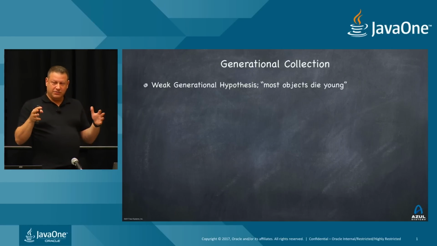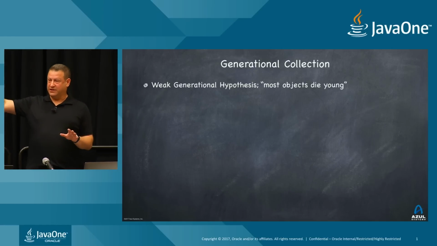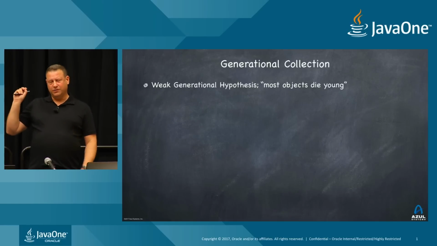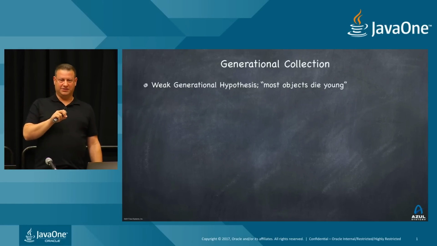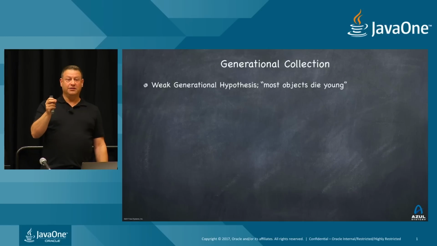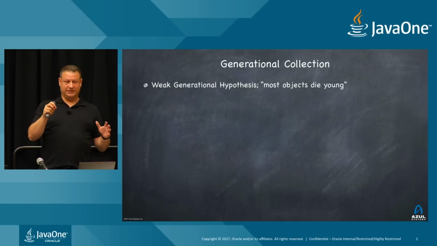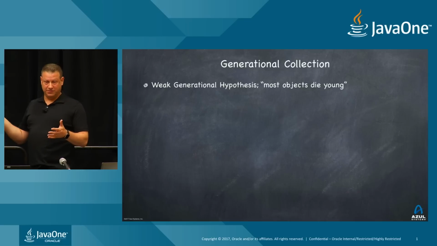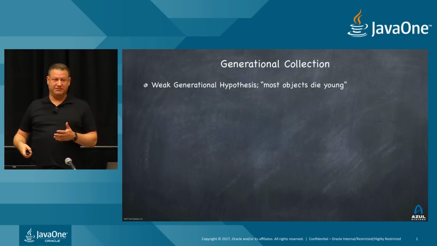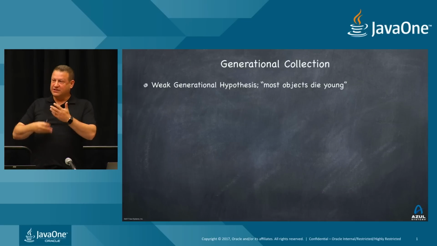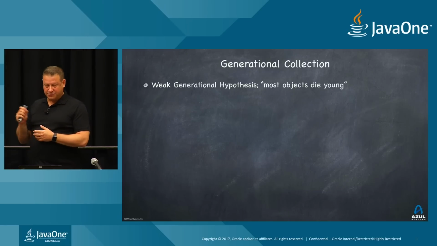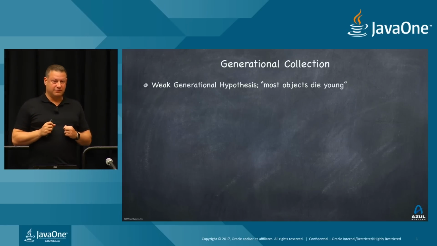It means soon after I allocate stuff, most of the stuff I allocate will die. Now, don't equate this with most live objects are young or anything like that. Most live objects actually tend to be old because they're the ones who survive. But dynamically, out of every 10 objects I allocate, 9 will die or something like that. And that's a very strong observation. It's usually more than 10 to 1.